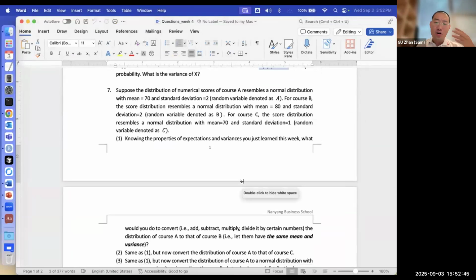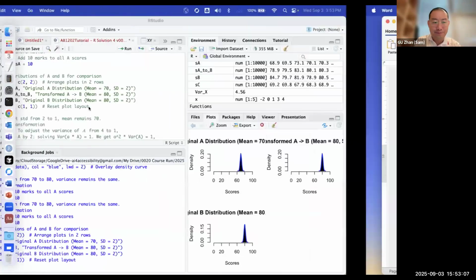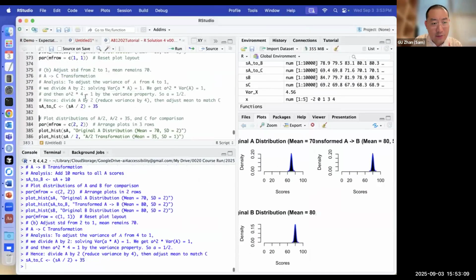Some scored high, some scored low, so the standard deviation is large. In class C, most of the students perform very stably, near 70, with very few mark variations. Most of them score very narrowly around 70, right? So that's the problem.